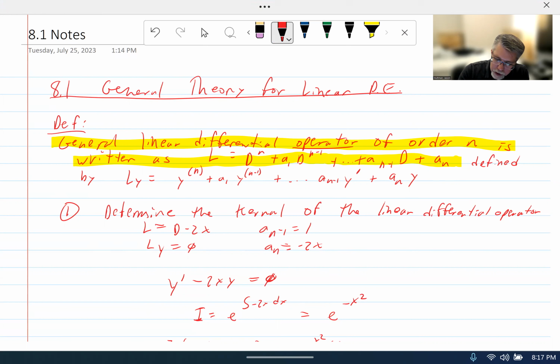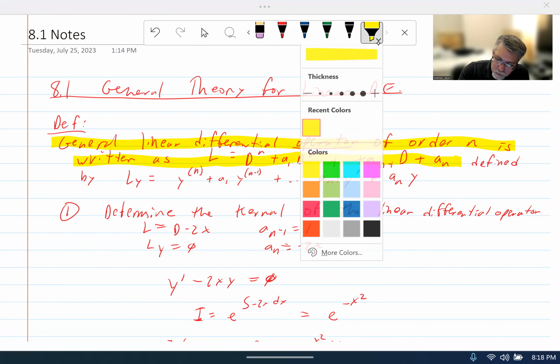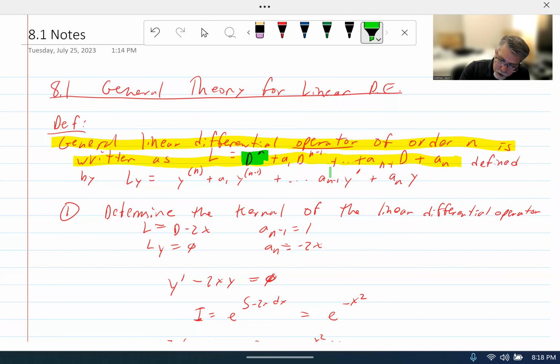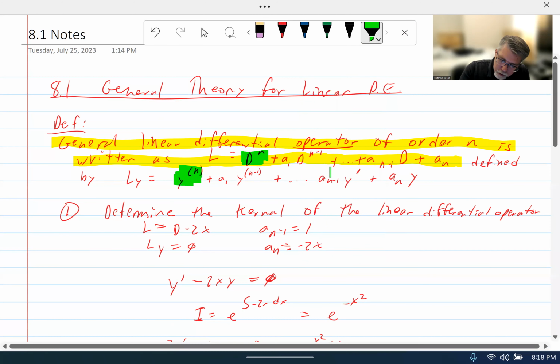So D to the nth. This guy here and this guy here correspond to each other.